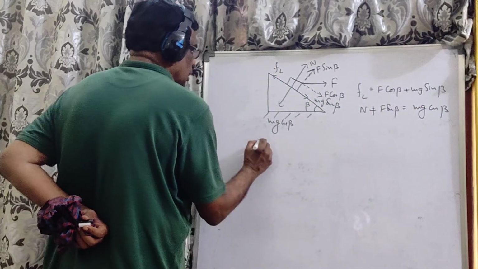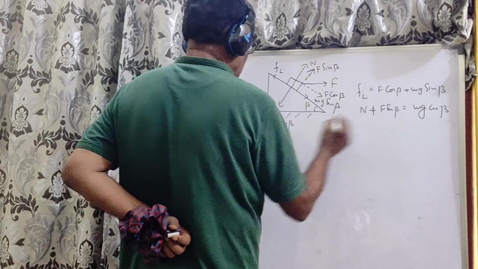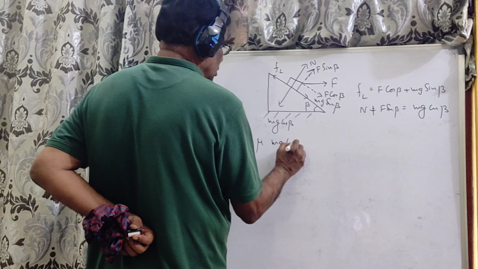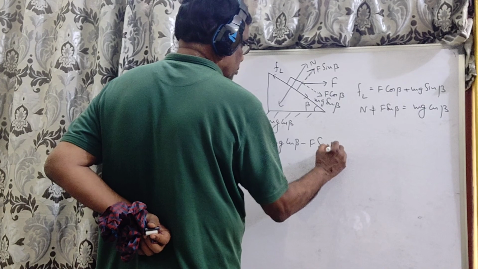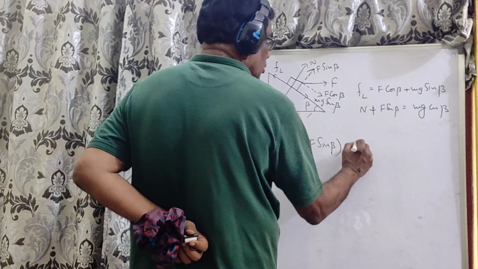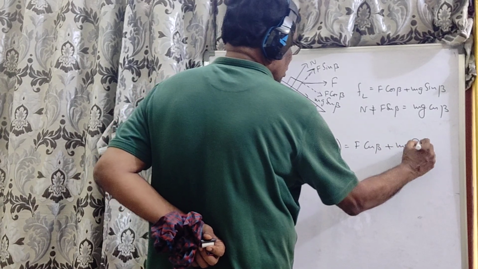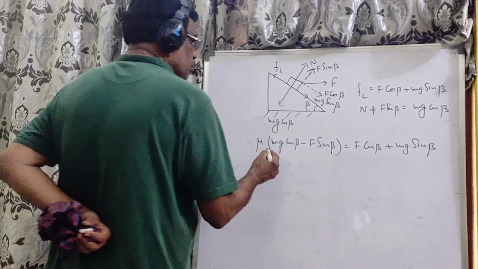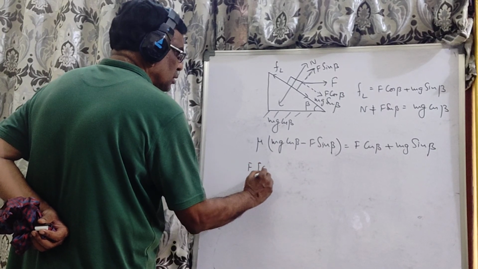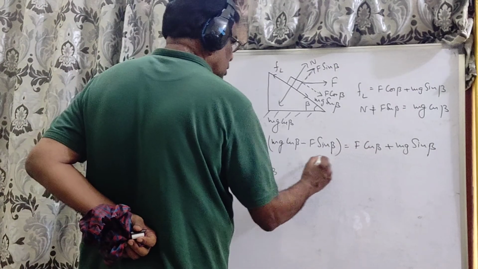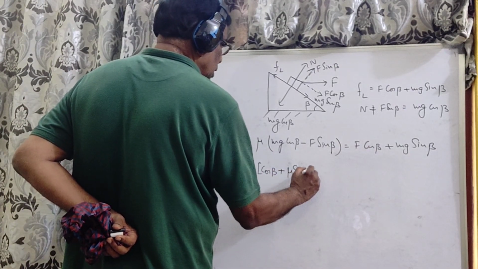Now substitute that. FL is mu N, N is mg cos beta minus F sin beta, is equal to F cos beta plus mg sin beta. Now F you have to bring on to one side. I'll take everything on cos beta plus mu sin beta.